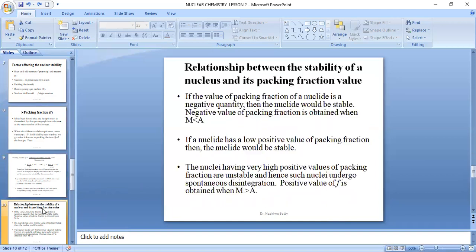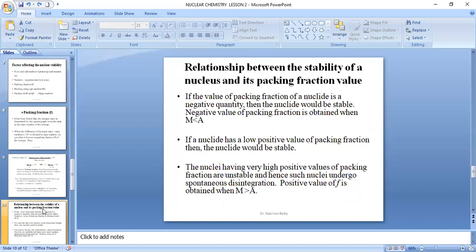Let us look at the relationship between the stability of the nucleus and its packing fraction value. If the value of the packing fraction of the nuclide is a negative quantity, then the nuclide should be stable. And usually the negative value is obtained when the isotopic mass is less than the mass number.